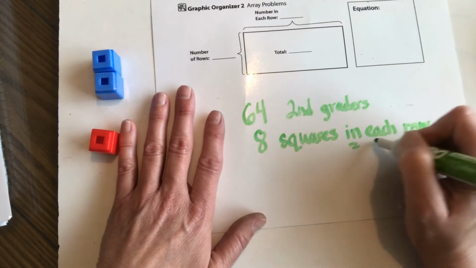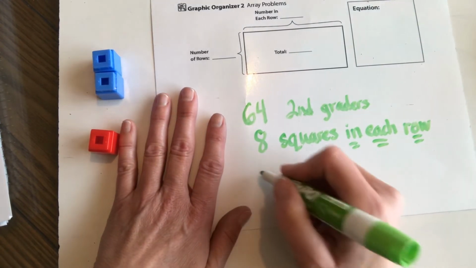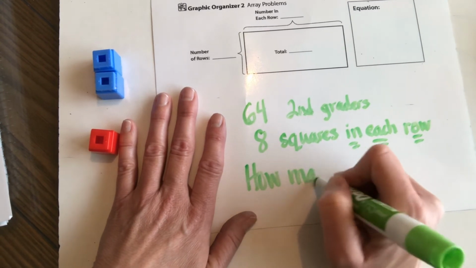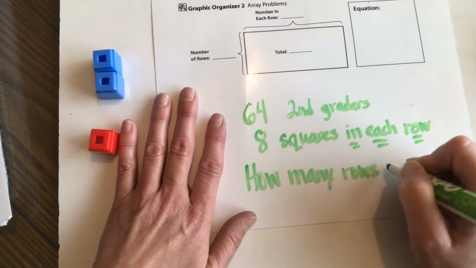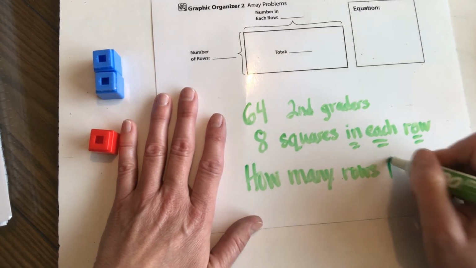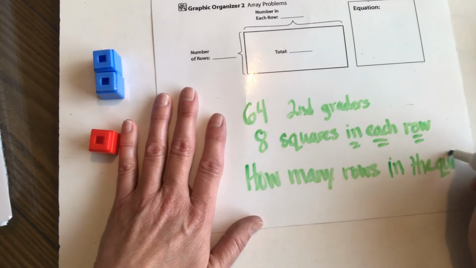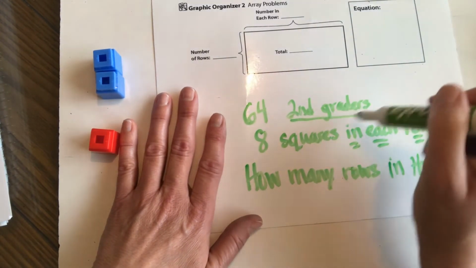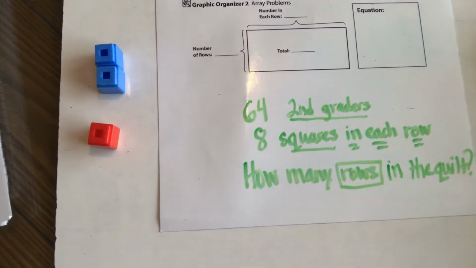There's that in each row thing again. How many rows will their quilt have? So how many rows in the quilt? So I've got second graders and squares, and I'm looking for rows. Well, that's different, isn't it?